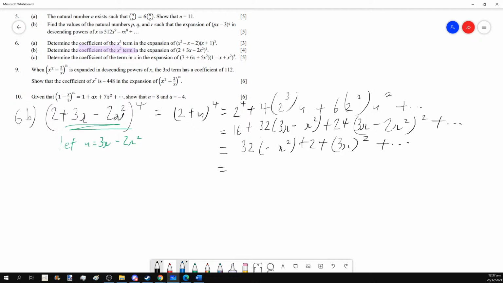So help me adjust that, like so. Right? So we're going to have negative 64 x squared plus, and over here we'll have 24 times 3 squared, in other words 24 times 9, which will be 216 x squared plus blah blah blah. Now obviously this implies that the coefficient will be equal to negative 64 plus 216, which will be 152. And then we are done.